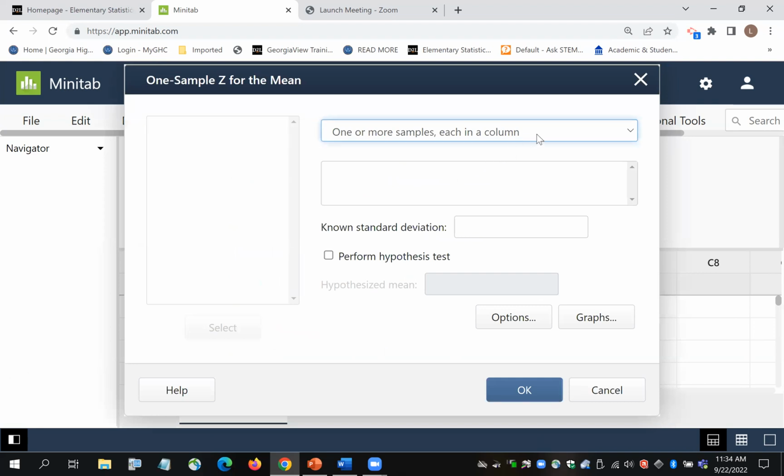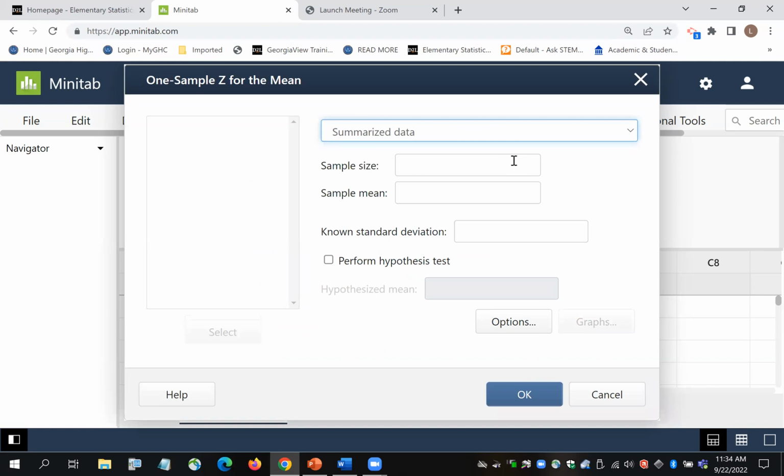What I have in this problem is the summarized data. It's given me the sample mean, the sample size, the population standard deviation, and the confidence level. So in this drop-down box, I choose summarized data. And then it identifies the things I need to enter.